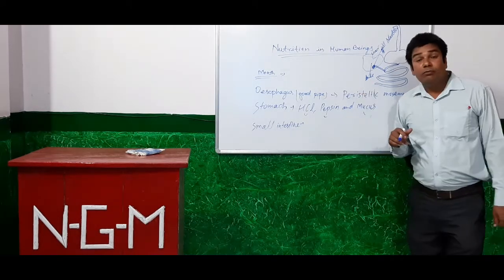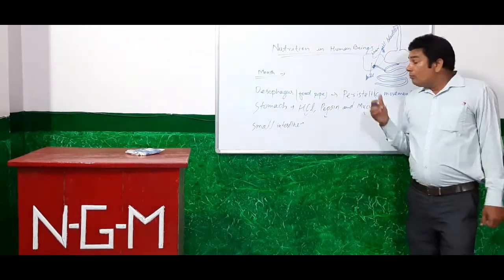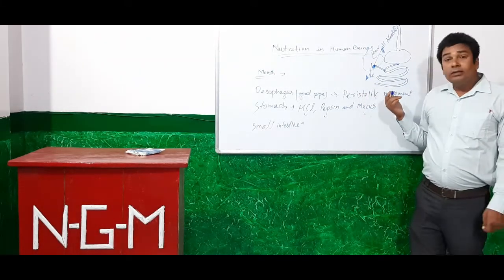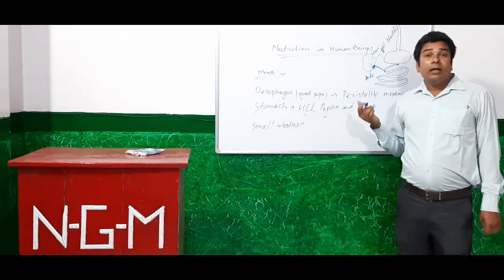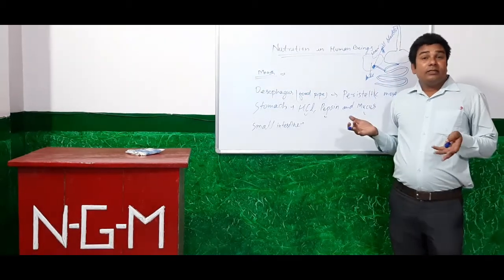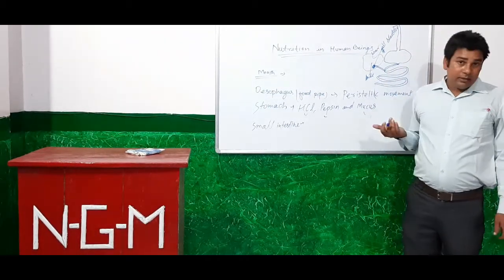What is the function of bile juice? Bile juice is yellow in color, which makes the stool yellow, and it also makes the half-digested food basic.